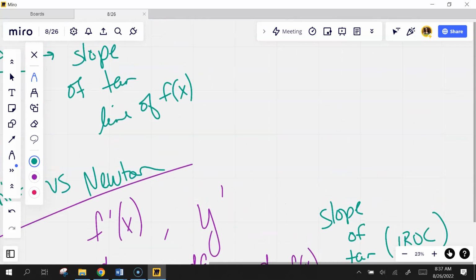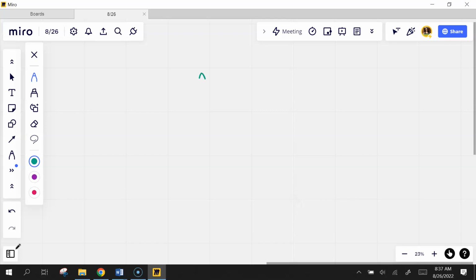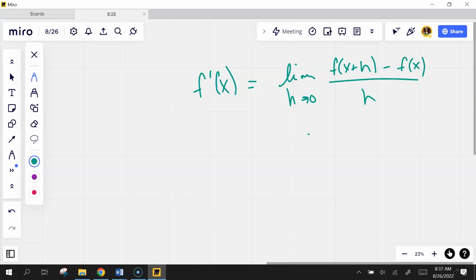So, the derivative of x is really just the limit as h approaches 0 of f of x plus h minus f of x over h. So I said all that gobbledygook just to let you know that it's really something you've already done at this point.